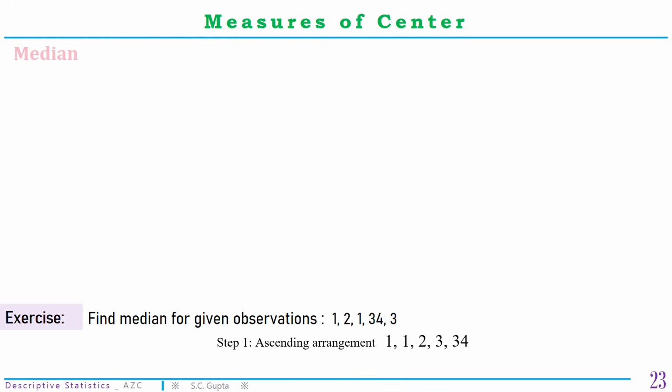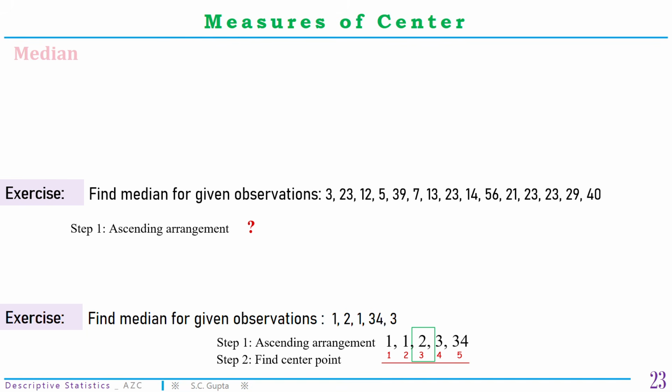Step 1 is ascending arrangement, that is 1, 1, 2, 3, 34. Step 2 is find center point. Here total observations are 5, so the middle point is the third one. So median is the value of the third position, that is 2.